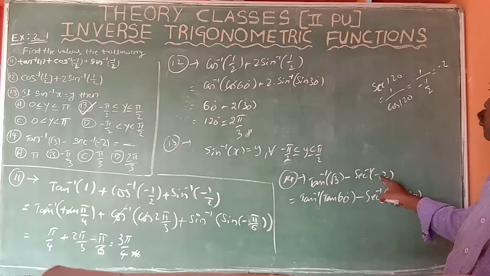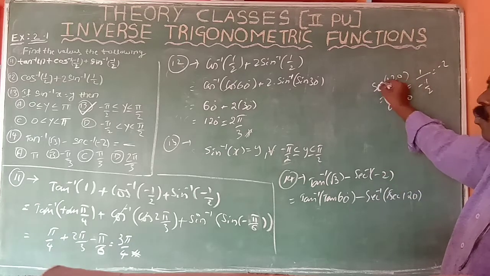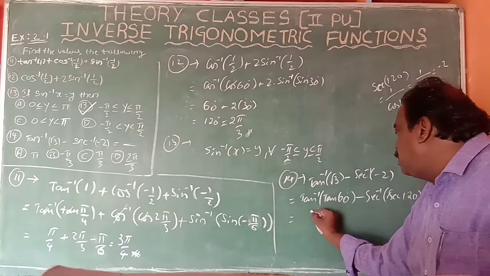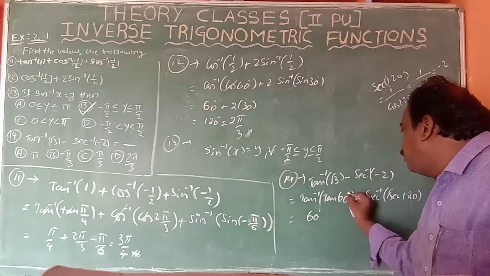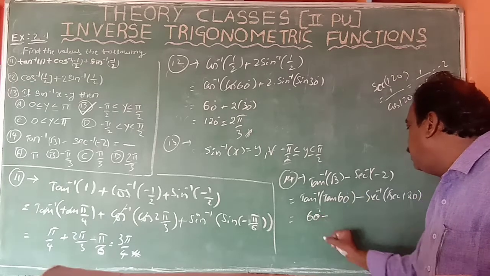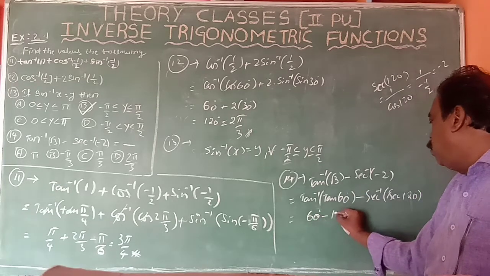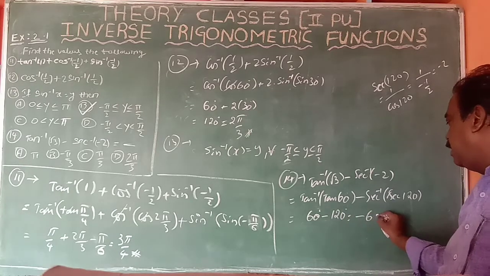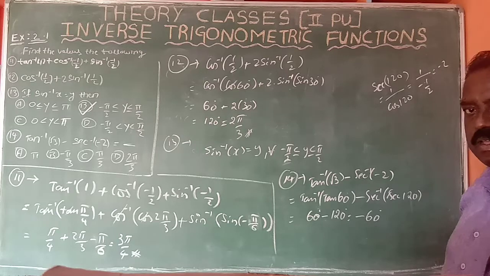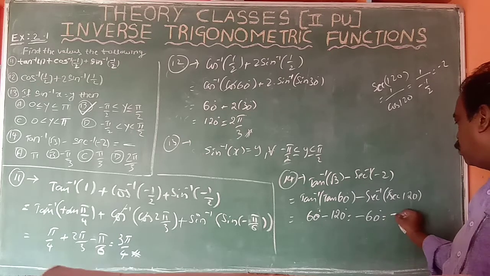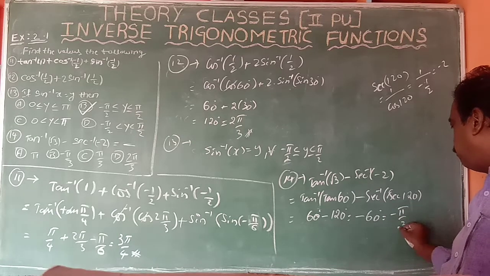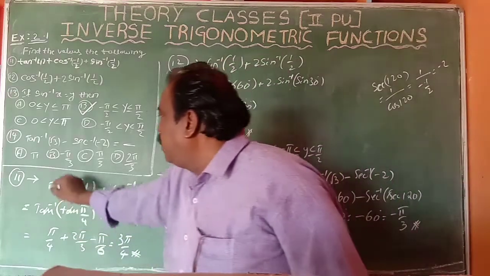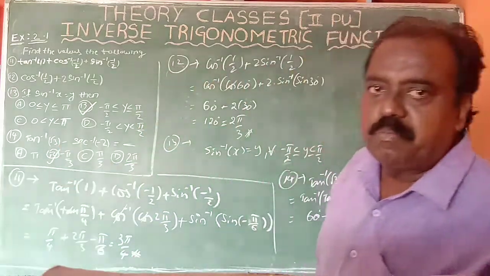So it is 60 degrees minus 120 degrees, which is minus 60 degrees, so it is minus pi by 3. So the option is B. Here also it is B.